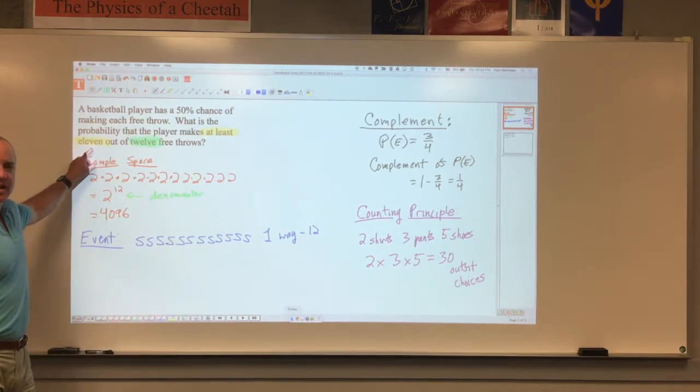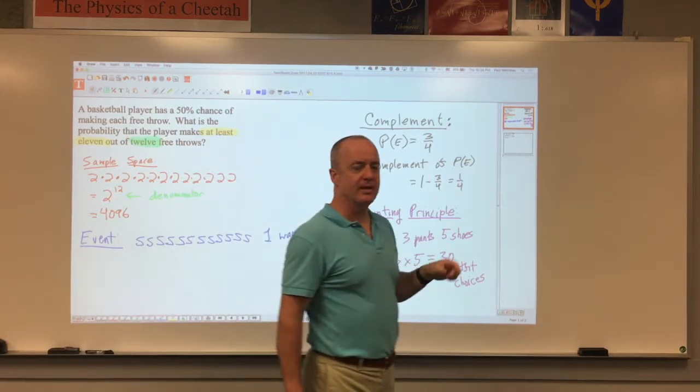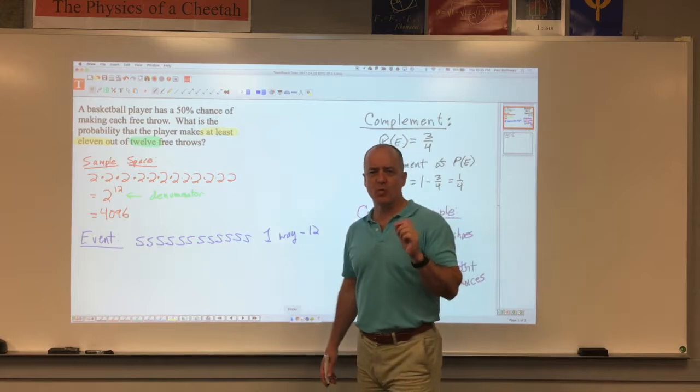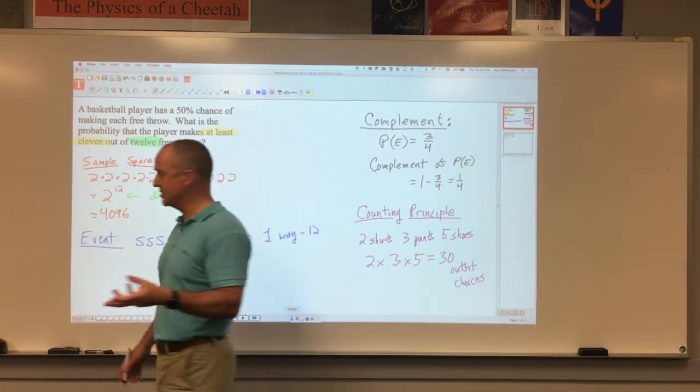Thinking backwards, thinking in complements, thinking differently, that can help on this. How many ways can you make 11 out of 12 free throws? Let's not try to count all the ways you can make 11. Making 11 is the same thing as missing one. If you have 12 tries, succeeding 11 times is the same thing as failing once.